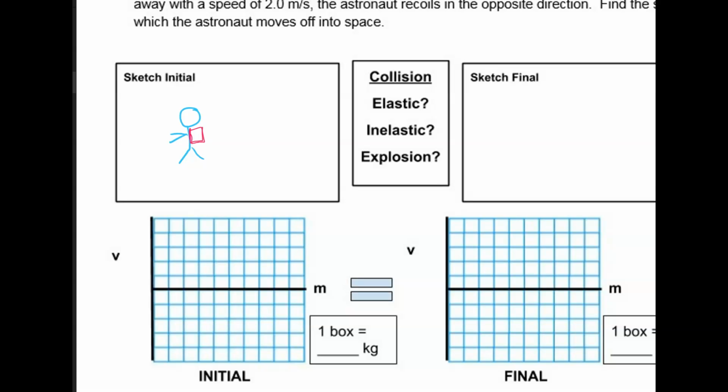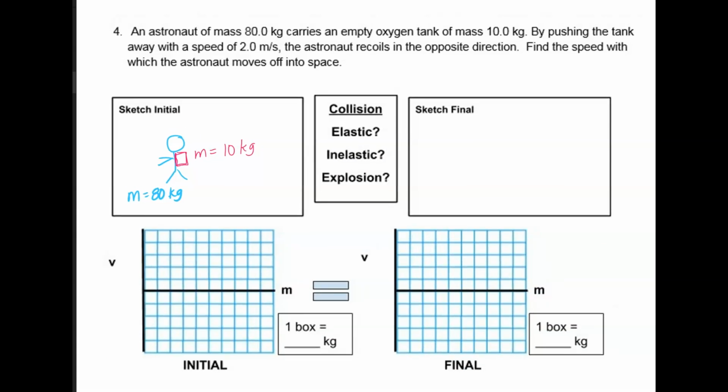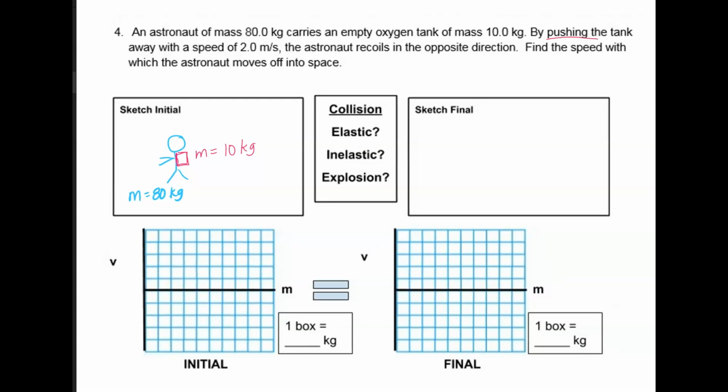So they're stuck together. The astronaut has a mass of 80 kilograms, and the oxygen tank has a mass of 10 kilograms. Now they start together and then they come apart in the final. The problem says by pushing the tank away with a speed of 2.0 meters per second.